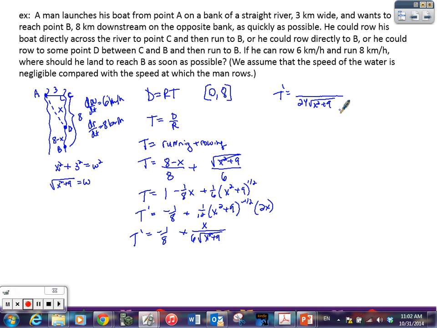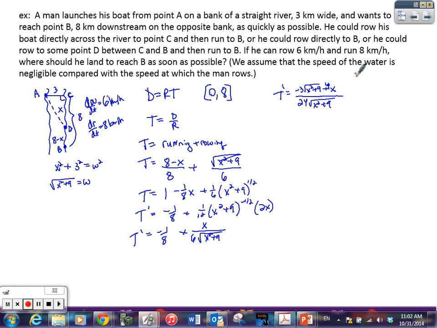So that's my common denominator. The first piece, the negative 1 needs to be multiplied by what? By 3 times the radical of x squared plus 9, and then plus that x needs to be multiplied by what? By the 4. So there's a 4 in there, plus 4x.